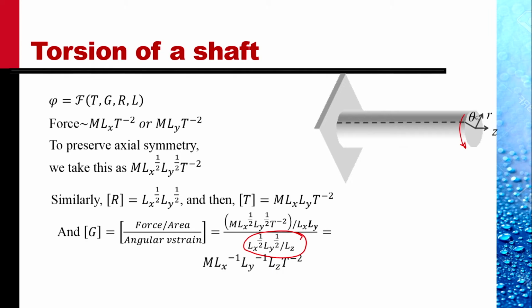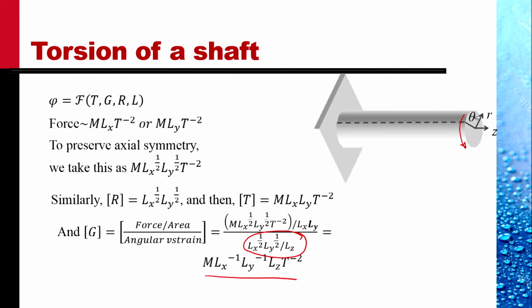So it is written as Lx raised to the power 1 half Ly raised to the power 1 half divided by Lz. So this gives the dimension of G, the shear modulus, as M Lx raised to the minus 1 Ly raised to the power minus 1 Lz T raised to minus 2.